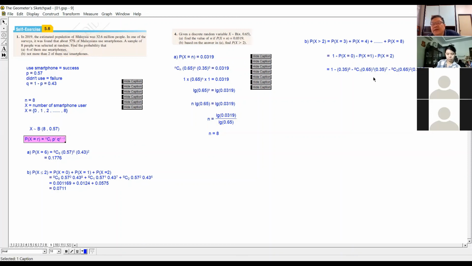Okay, so if you don't know how to calculate this, afterwards I'm going to make one video how to use the calculator to calculate this. Then I send to the Telegram group. So the values, they are like this. And finally, this is 0.9747. Any questions so far?